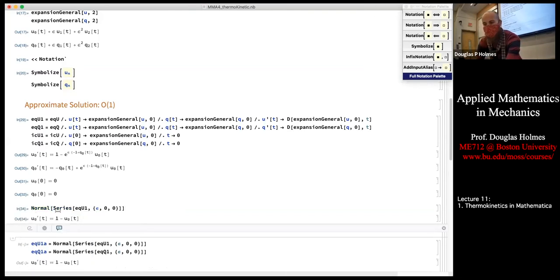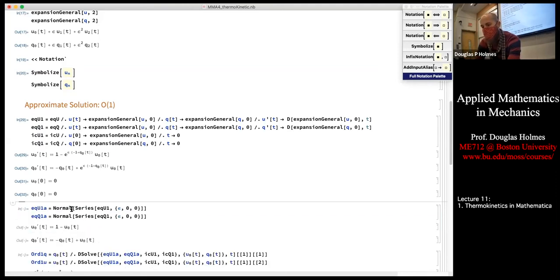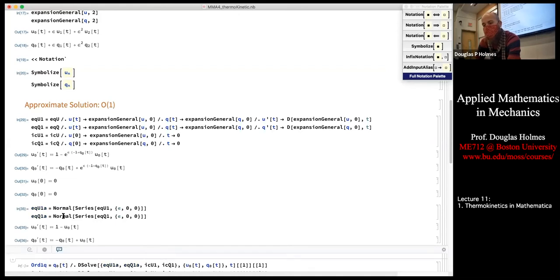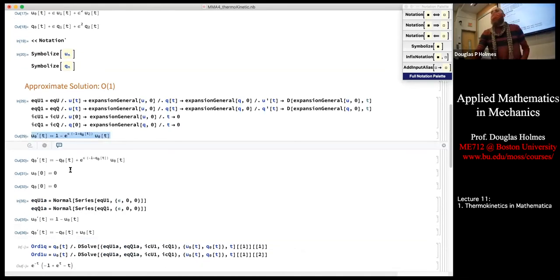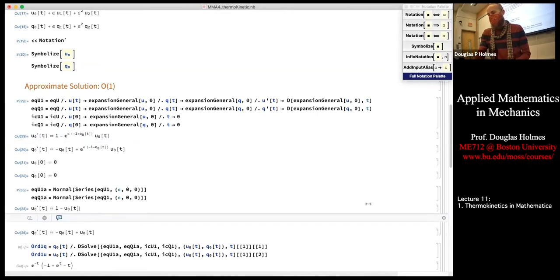And then we get a very simple equation to handle. And we do that for all of them. So we do that for the 2 equations. We could do it for the initial conditions, but there's no epsilon in the initial conditions, so there's no reason to do an expansion about the initial conditions. It's not going to change them at all. And so then these equations here, when I'm looking at the linear version of these equations, in which we remove the nonlinearity that occurs due to the presence of epsilon, reduce to these 2 equations down here.